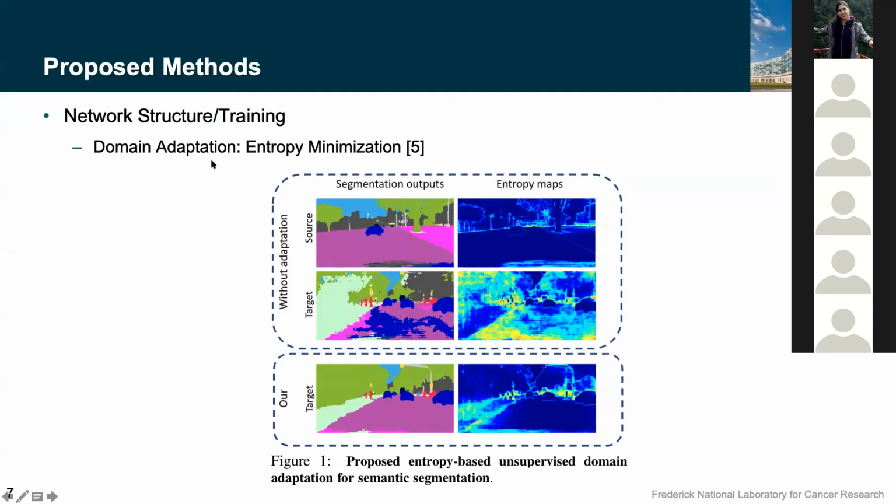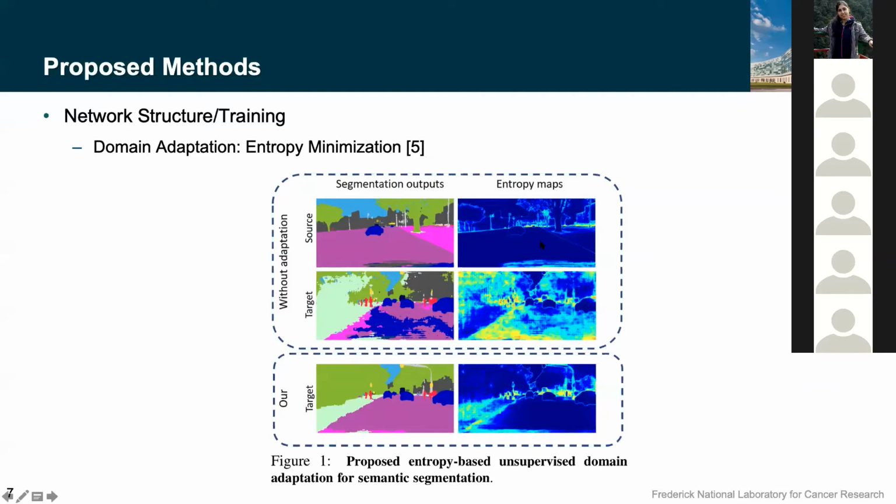This is the figure which we got from the paper shown in reference 5, which will be shown in the last slide. If there's a difference between source and target data, their predictions are going to be different. For source images, which are training images, the predictions are very clean.